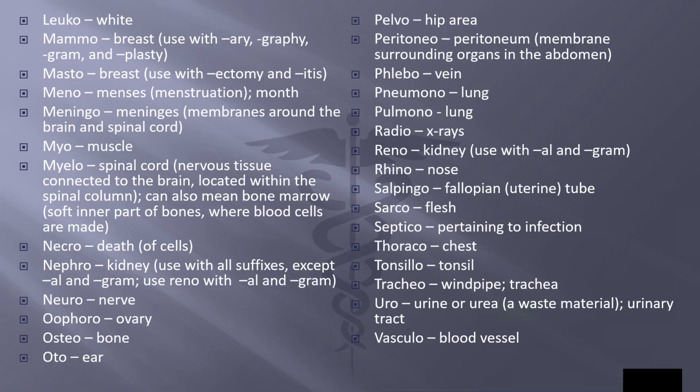Thoraco means chest. Tonsillo means tonsil. Tracheo refers to the windpipe, which is the trachea. Uro means urine or urea, a waste material, or urinary tract. And then vasculo means blood vessel.